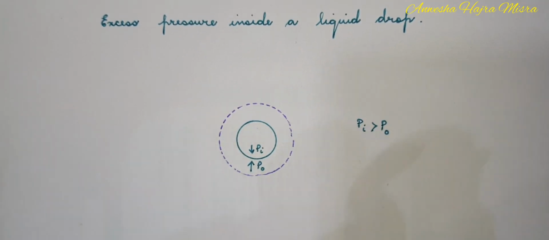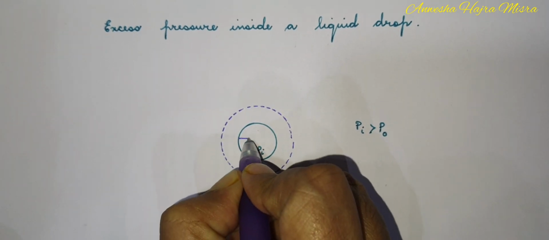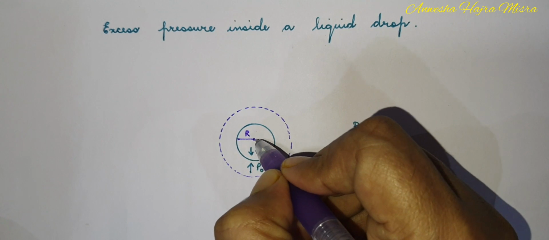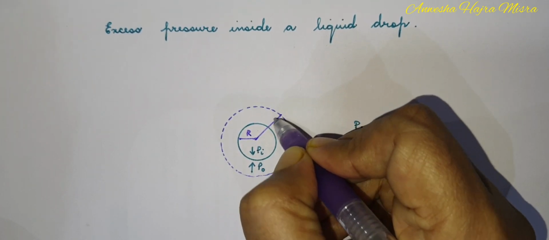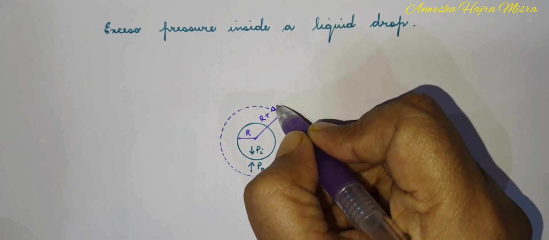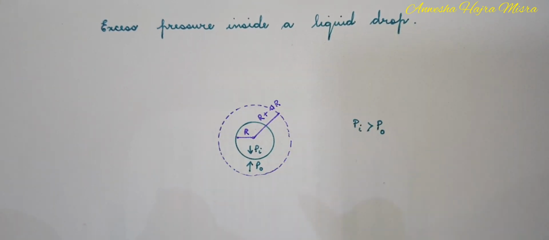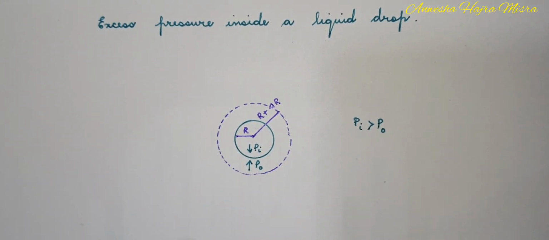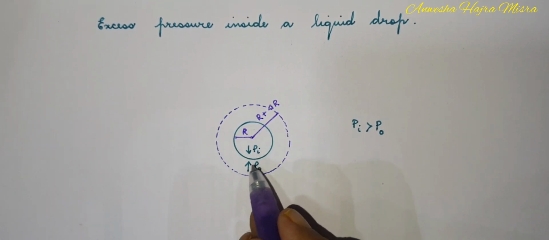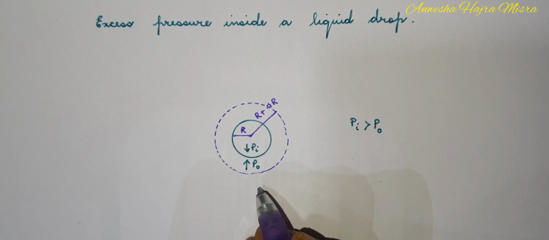Let this radius be R, and this radius is R plus delta R. Due to the excess pressure inside, the drop increases in size.